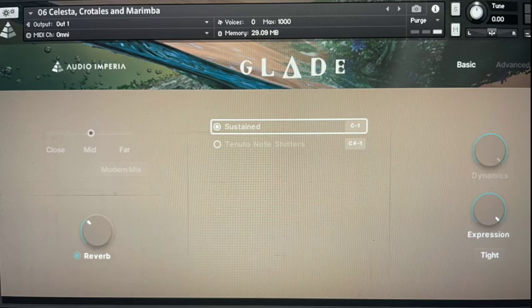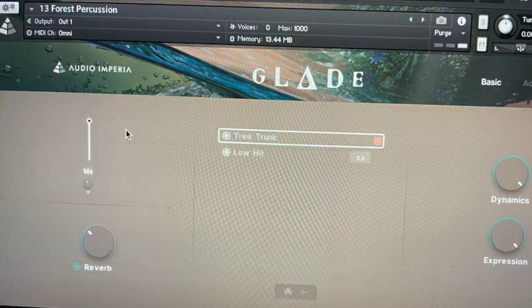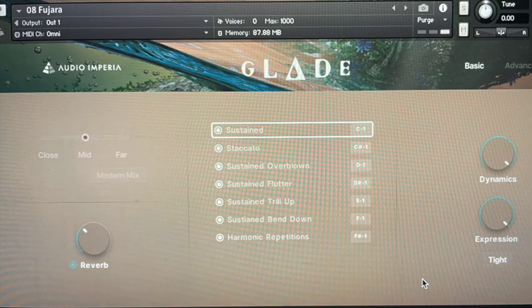Now the other instruments. The Duduk. First percussion. Jara.